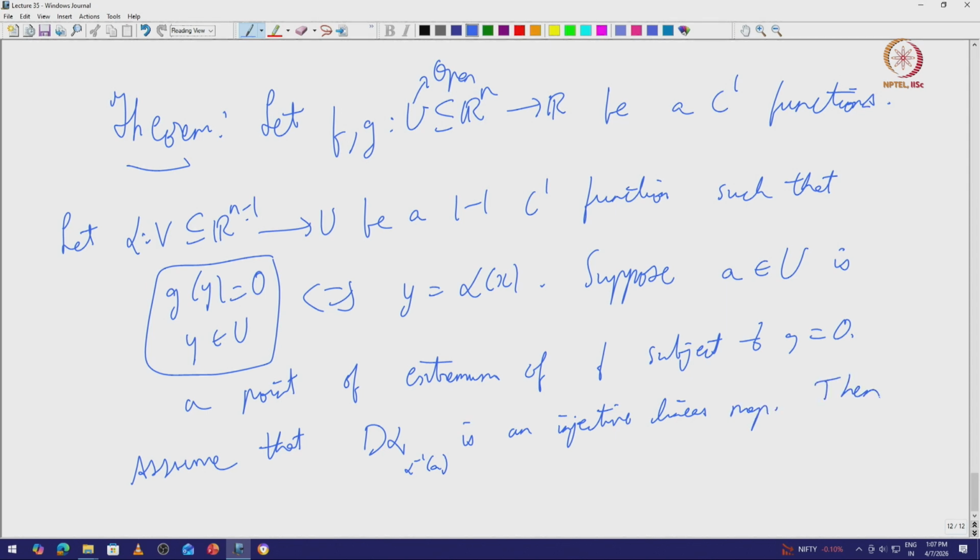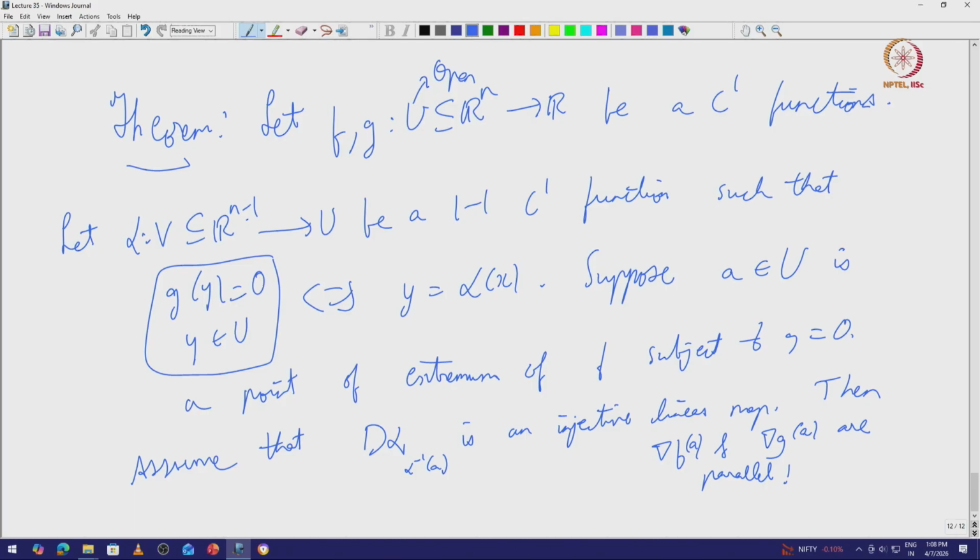Then gradient of f and gradient of g at this point are parallel. Okay. So this is a generalization of the method of Lagrange's multipliers.